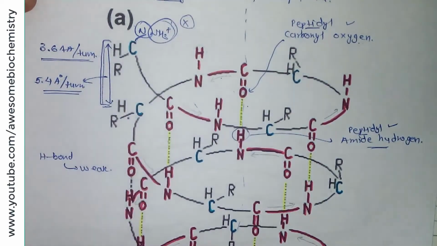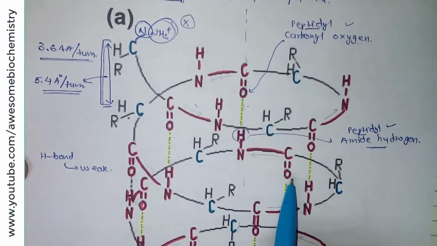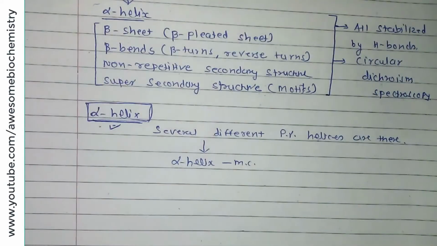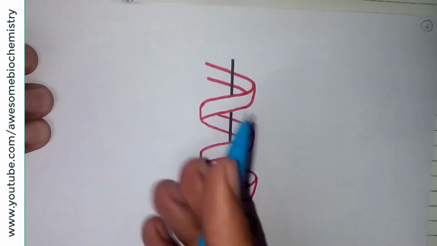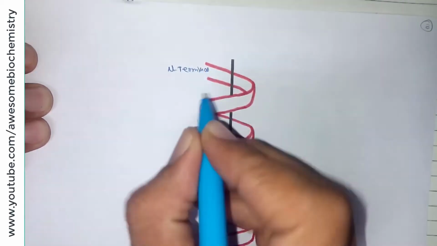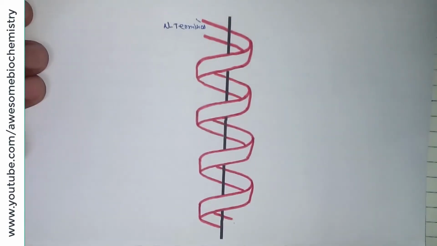Okay. Now, which kind of amino acids will be preferably found in the alpha helix, that we need to discuss. So, for that I will take up the third diagram. So, in this, suppose this is the N terminal. Okay, that means there is a free amino group, and this is the C terminal.